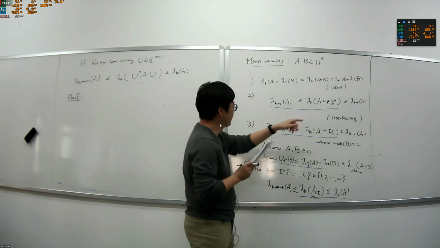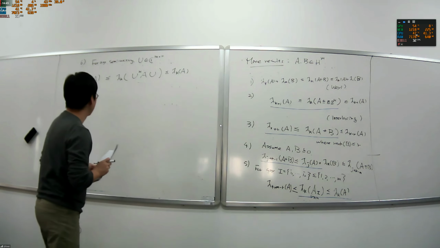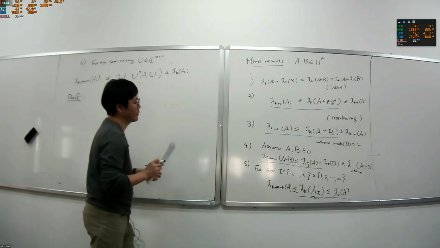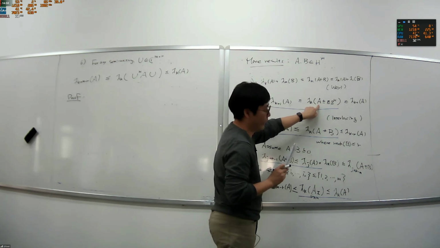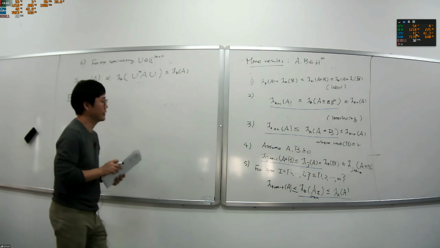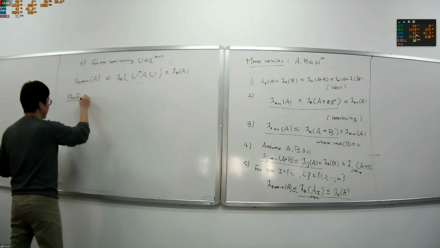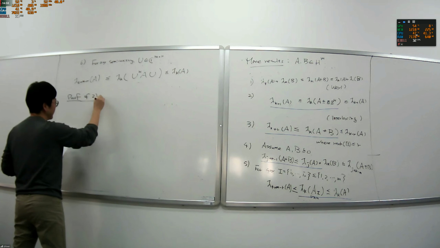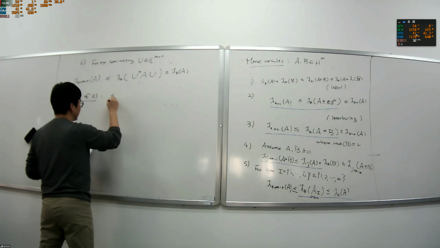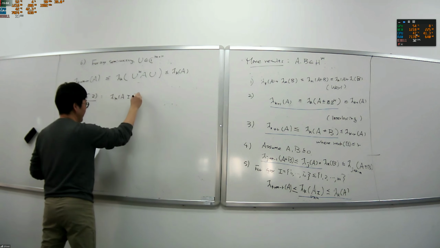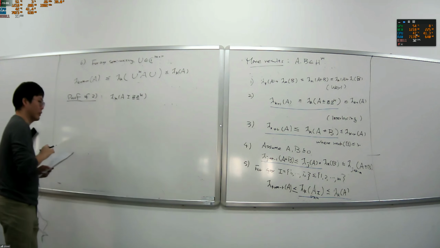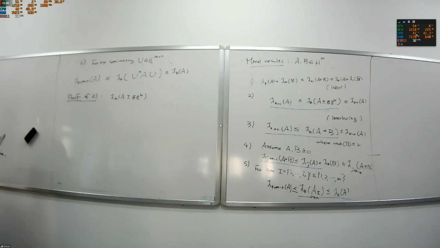So let's see this. I want to show this. We want to find the lower bound for A perturbed by a rank 1 matrix, so it's A plus or minus a rank 1 Hermitian matrix, ZZ Hermitian.